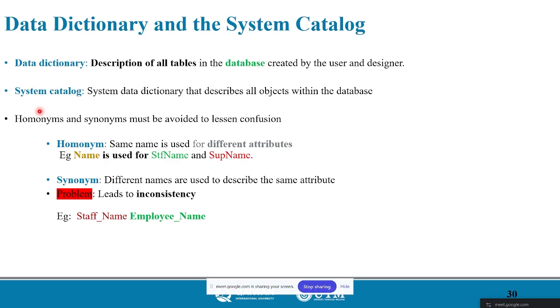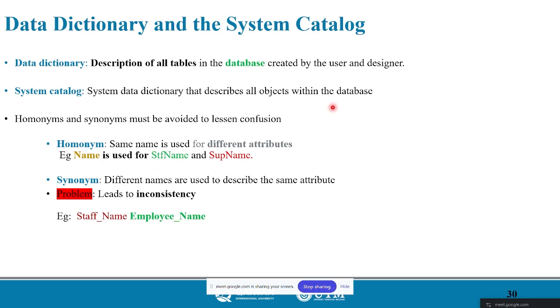Now we have 2 terms that must be avoided to lessen confusion. Homonymous and synonymous. Homonymous means the same name is used for different attributes. Make sure to avoid this. Example, name is used for staff name and supervisor's name. If you want to use this word name, make it STF, which stands for staff.